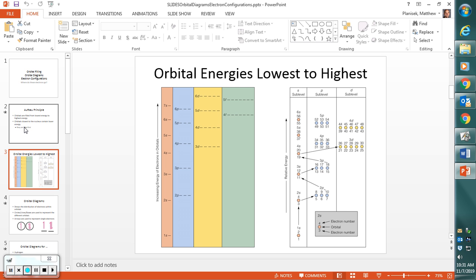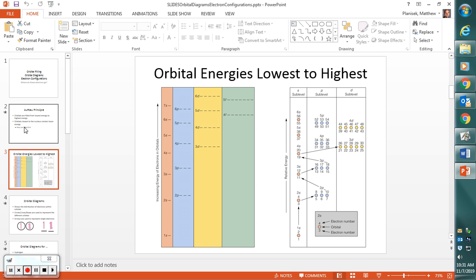And when we're reading this chart, on the left-hand side it says increasing energy of electrons in orbitals. That means we're going to read this chart from bottom to top. You are going to get this chart on your test. You do not have to memorize it. It will be available to you on your test. So obviously we've been using it a lot. We used it a lot yesterday. We use it a lot today. But you don't have to memorize the order that they go in.